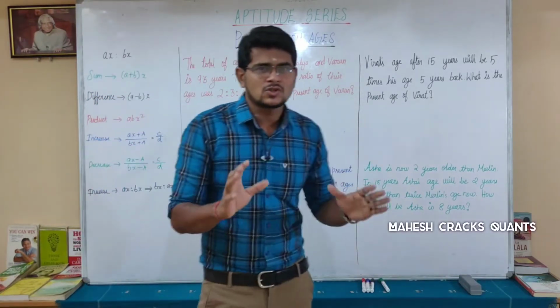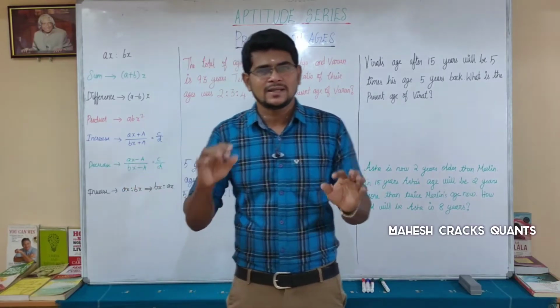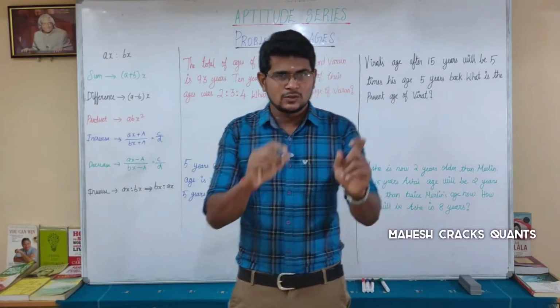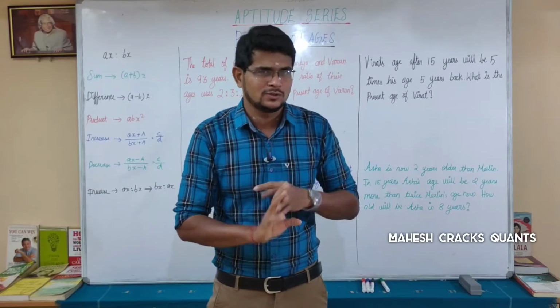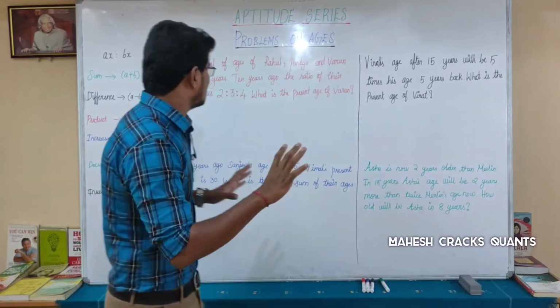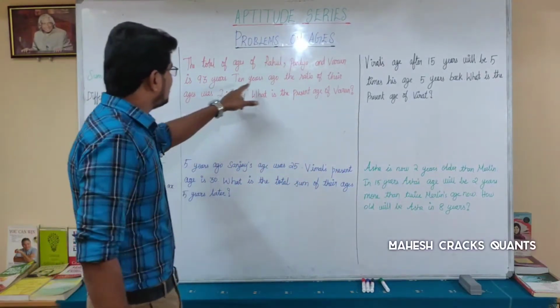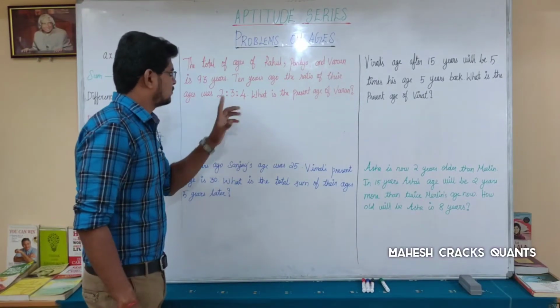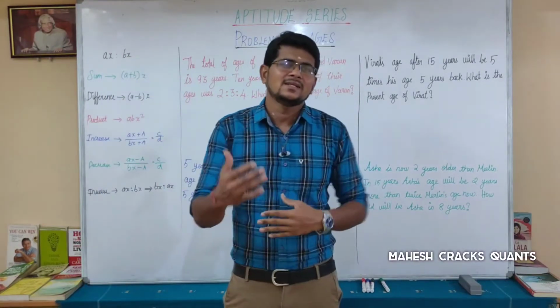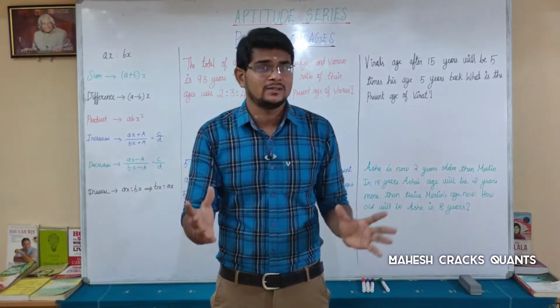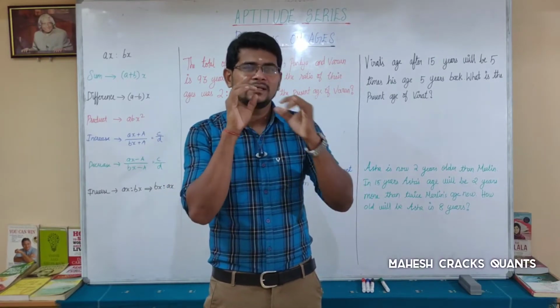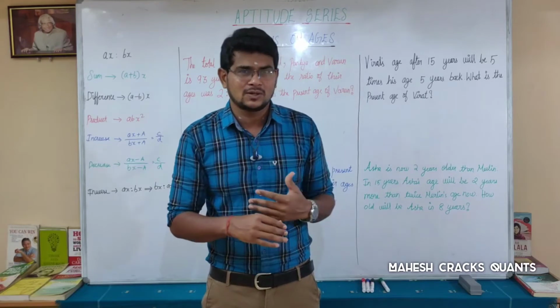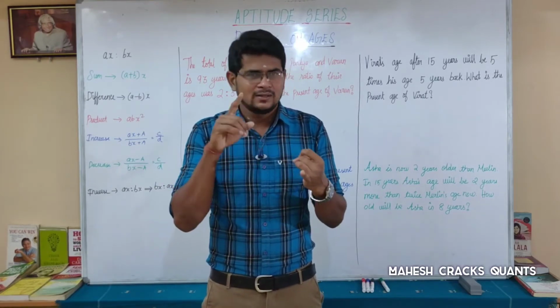There are three members. Their total age is 93 years at present. 10 years ago, the ratio of their ages was 2:3:4. Listen, 10 years ago what was their total? It would be 30 less than the present total, because each one is reduced by 10 years.